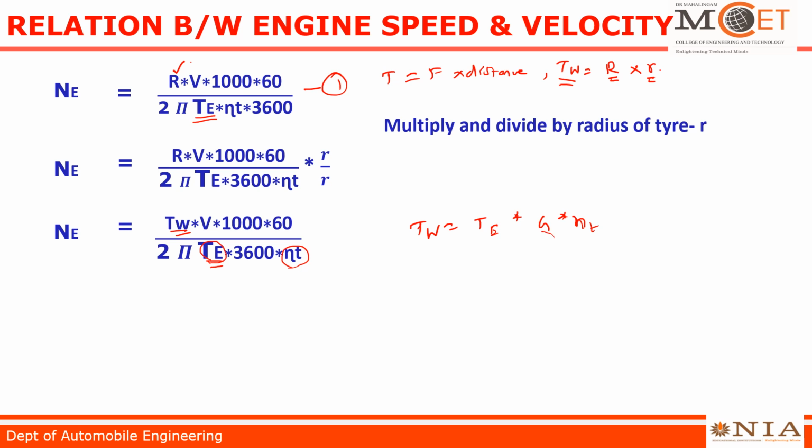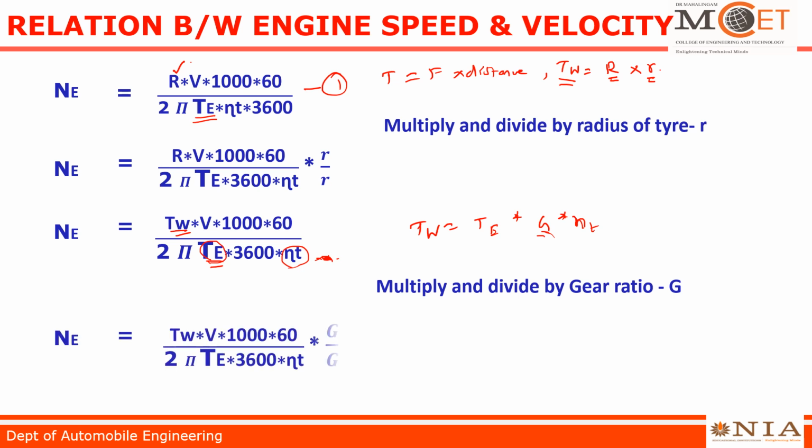If we have G here, we can easily strike it out with TW. So I multiply and divide by the overall gear ratio G, and we get NE equal to TW V 1000 into 60 divided by 2π TE 3600 eta T into G by G. Here you can note we have TE into eta T into G, which gives TW.